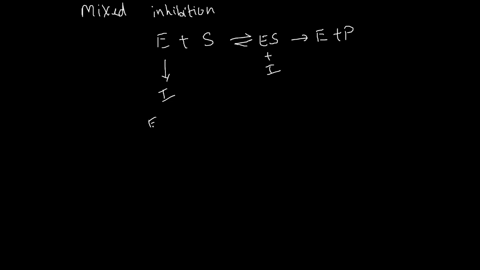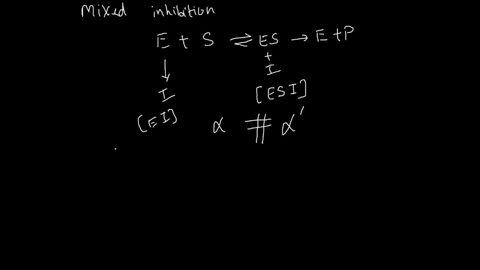So it can form EI as well as it can also form ESI. Okay. But the affinity of the inhibitor to the enzyme and the ES complex is not equal. So you can say alpha is not equal to alpha prime. In that case, what happened?